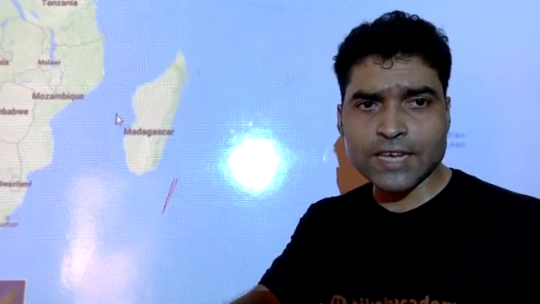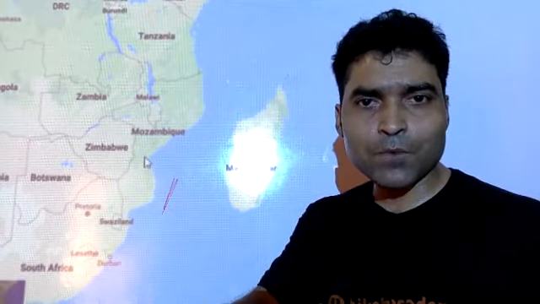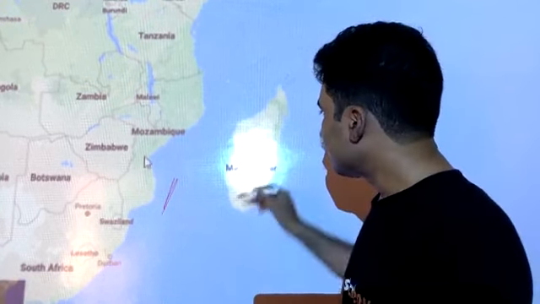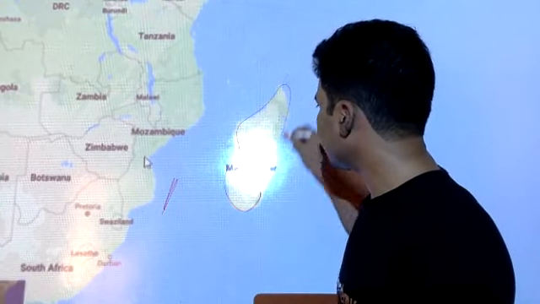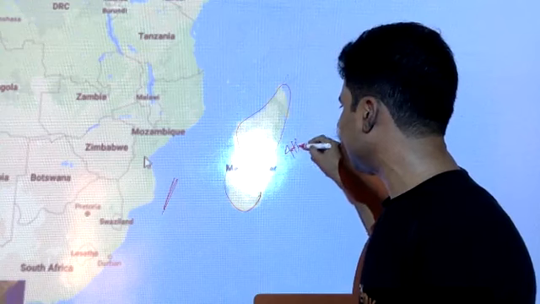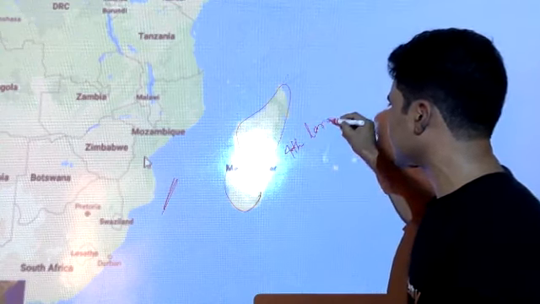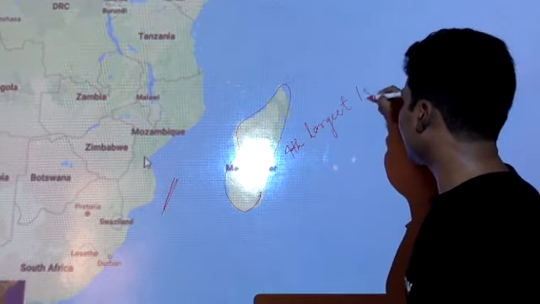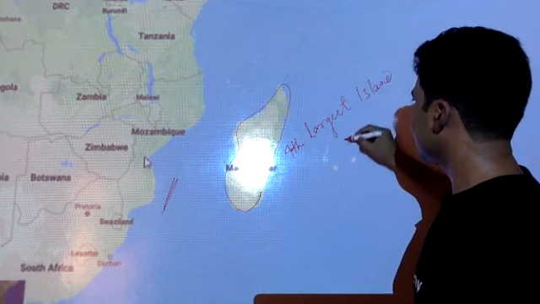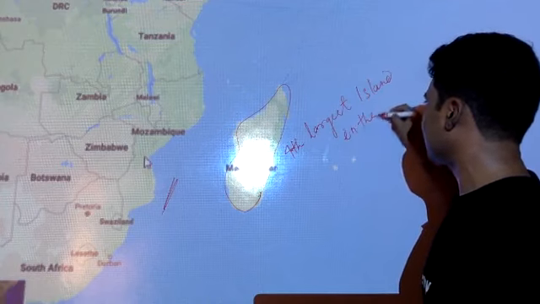And here is one water body called Mozambique Channel. Mozambique is a country, here you can see. And this Madagascar is the fourth largest island in the world.